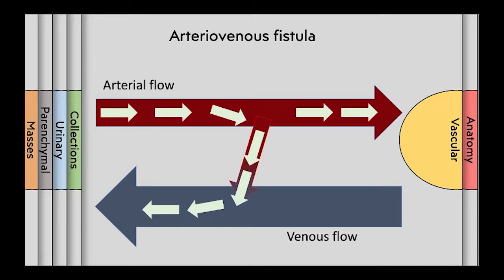Thus, a high velocity, low resistance circuit is created. This can be problematic if large and can lead to high output heart failure and decreased perfusion to the affected portion of the kidney. Most of these resolve spontaneously, but if large enough, they may require endovascular treatment.